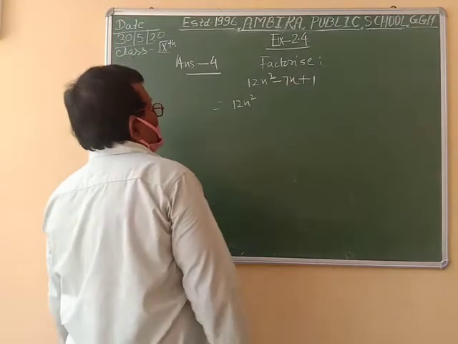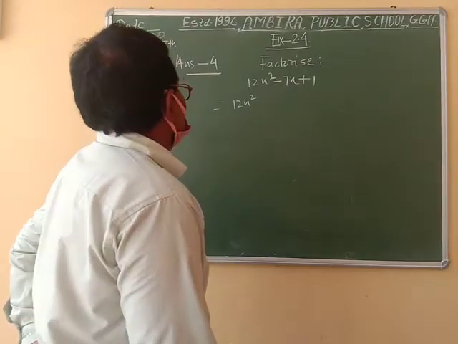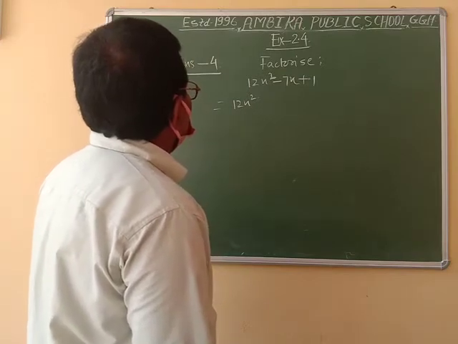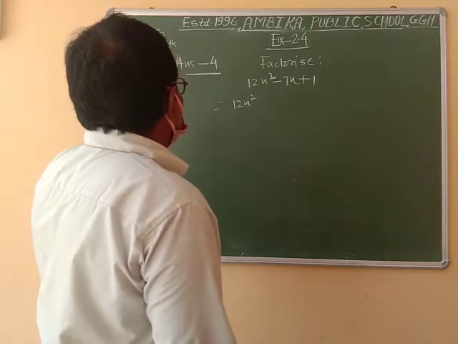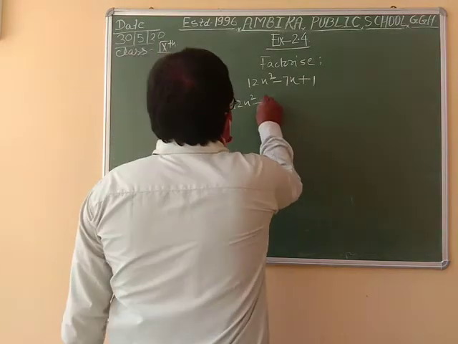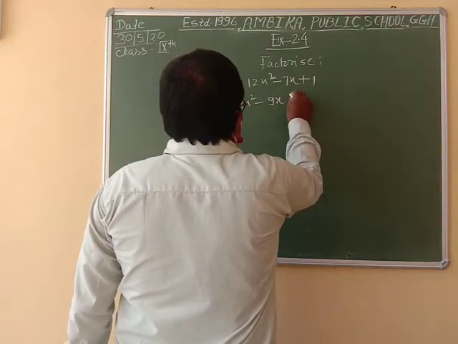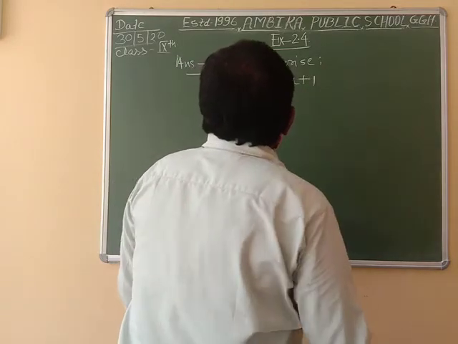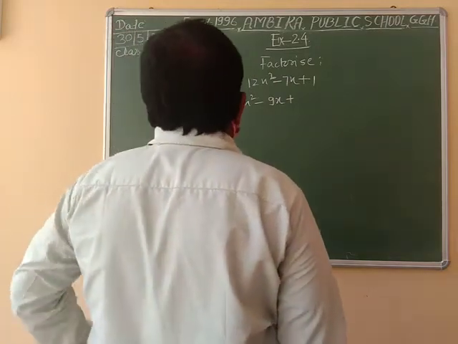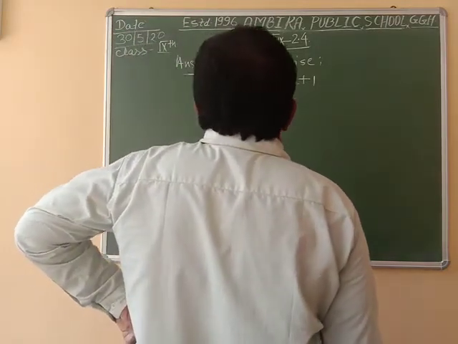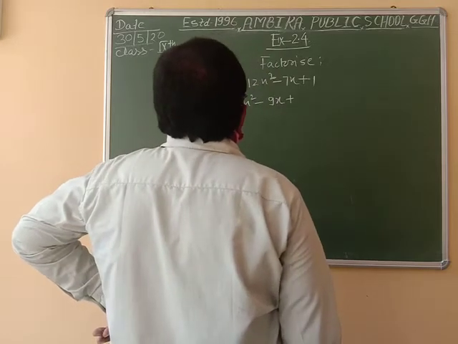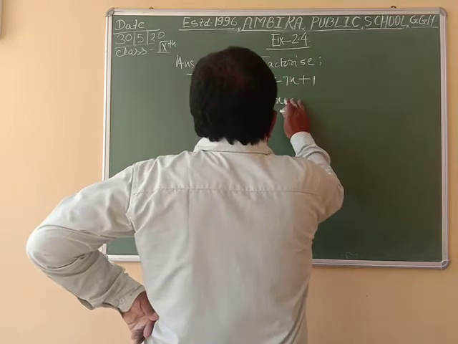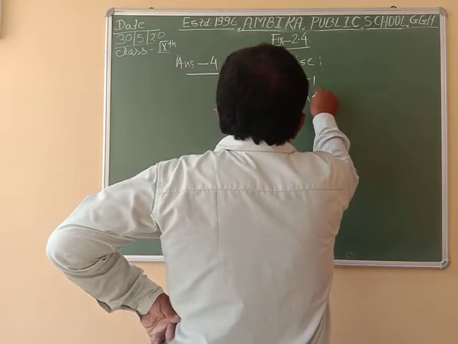Its multiplication is 12x square. So we take minus 4x minus 3x plus 1.